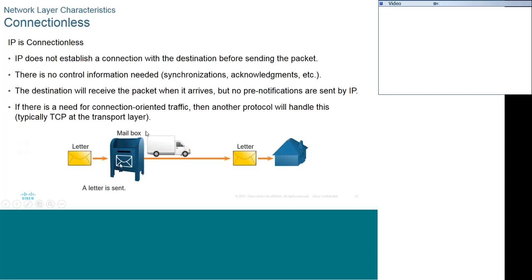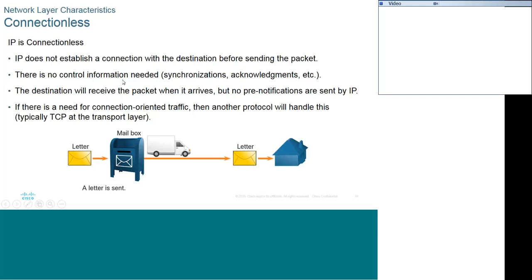When they send a letter to a home, they don't usually make sure that the homeowner is available. They just put it there, and this is their work. For this layer, this is the work of the Internet Protocol.